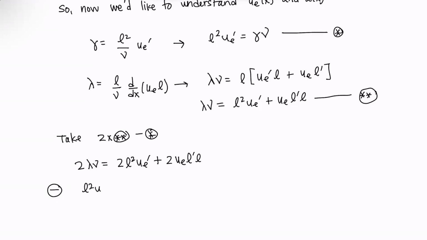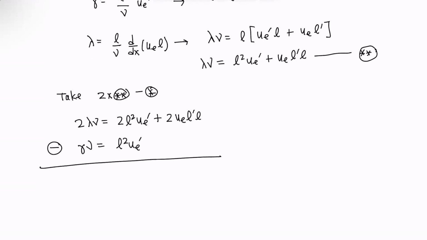Actually, let me rewrite this a little bit. So gamma nu is equal to L squared UE prime. So we have nu times the quantity 2 lambda minus gamma is equal to L squared UE prime plus 2 UE L prime L.